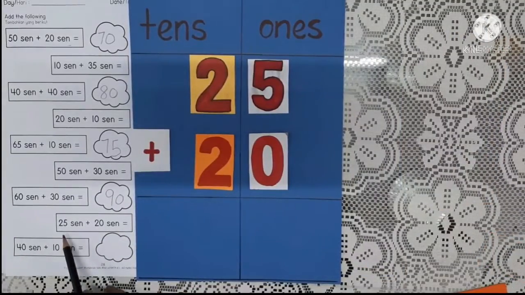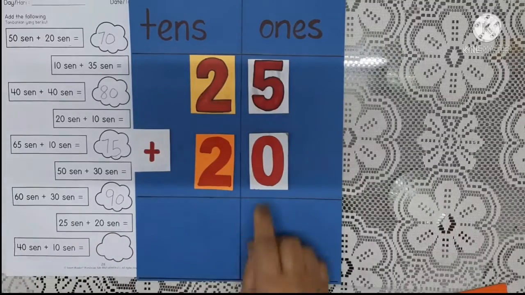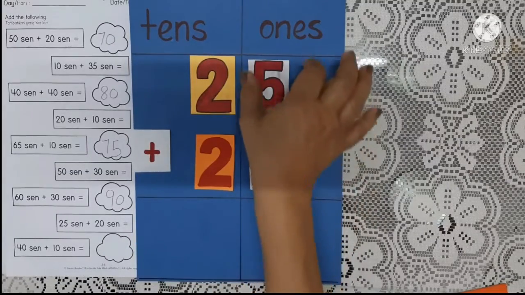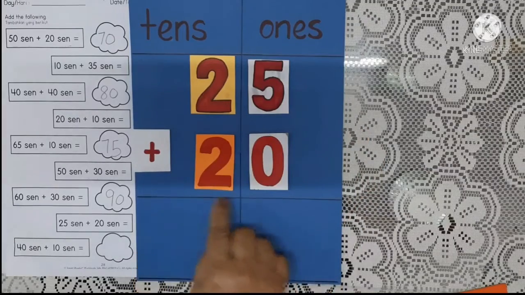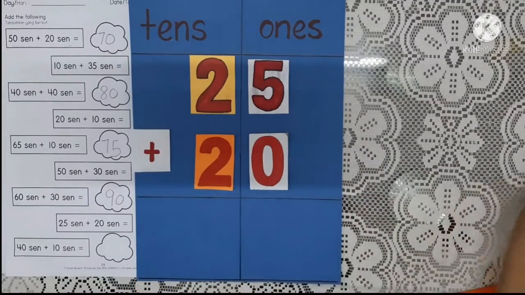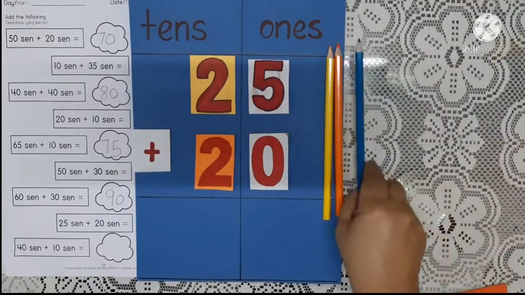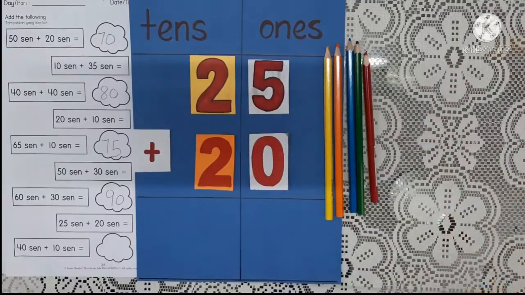Now the next question. 25 cents plus 20 cents. Now here 25 plus 20. Let's do the ones column first. 5 plus 0. Now let's take 5 pencils. 1, 2, 3, 4, 5.